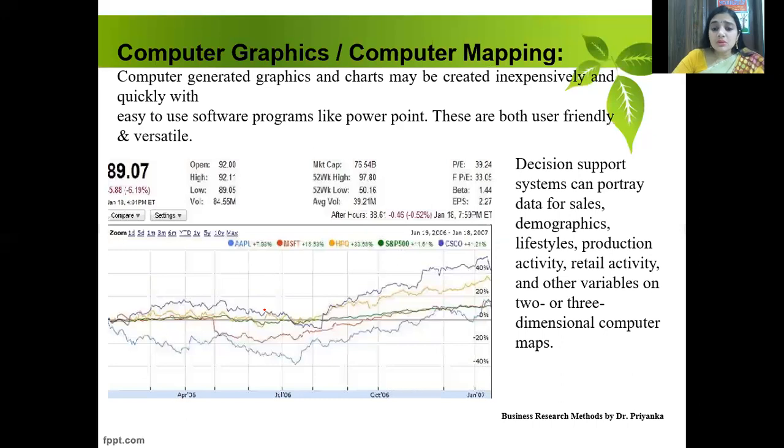You can take 10 companies and check their performance with the help of line graphs. The line graph is most widely used when it comes to comparison of companies, right? So this is the best technique, and these are really helpful in analyzing anything.